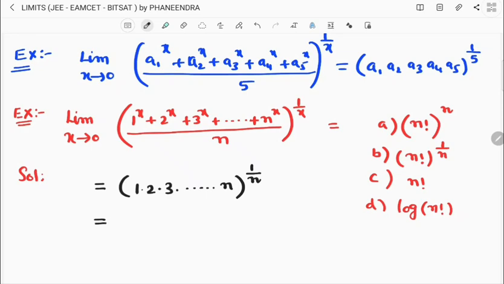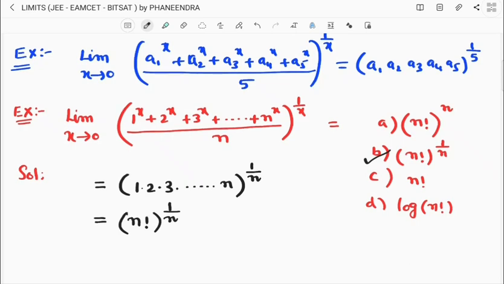We know that 1 into 2 into 3 into and so on n, it is the product of n numbers. Product of n numbers is equal to n factorial. N factorial whole power 1 by n. So the answer is n factorial whole power 1 by n, which is there in the second option. I hope everyone understands that. This is the way you can use this formula.